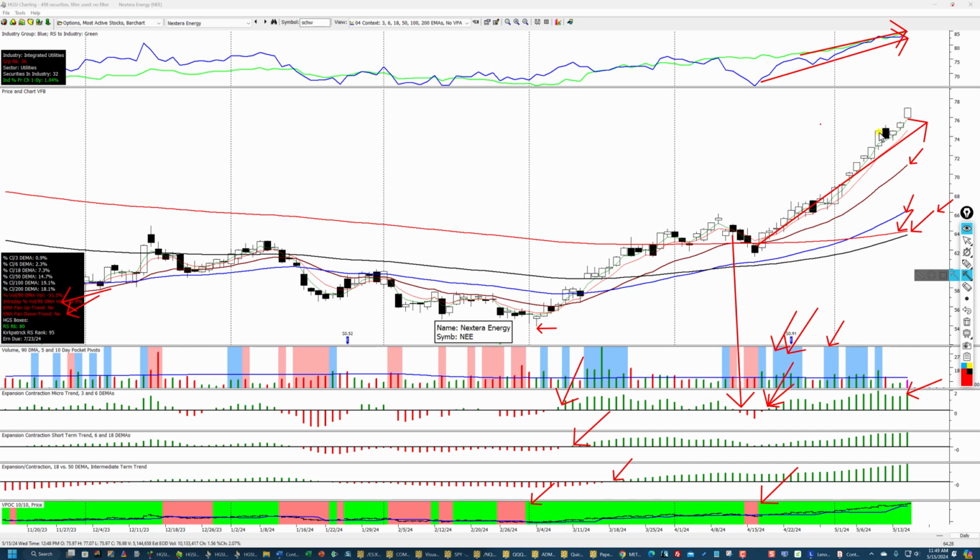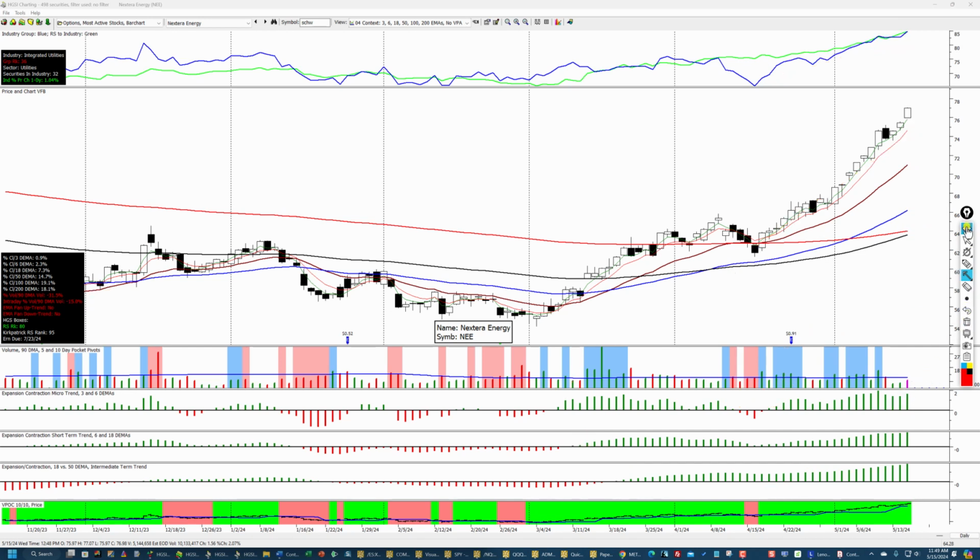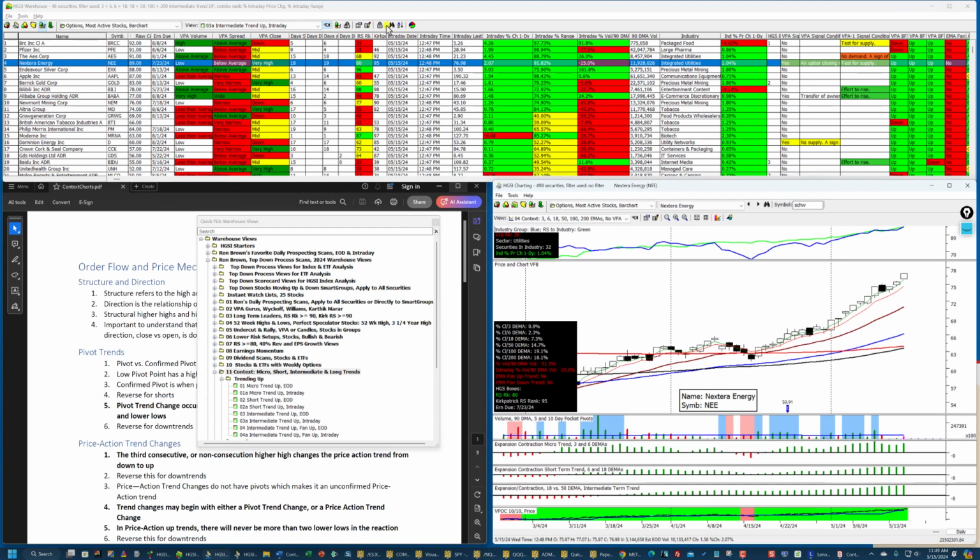It shows that the momentum is increasing on the stock, and that goes for the other moving averages and the crossovers, or the histograms, I should say. When the move is strong, these are going to be building. When they're weak, they're going the other direction. Okay, so that is that scan.